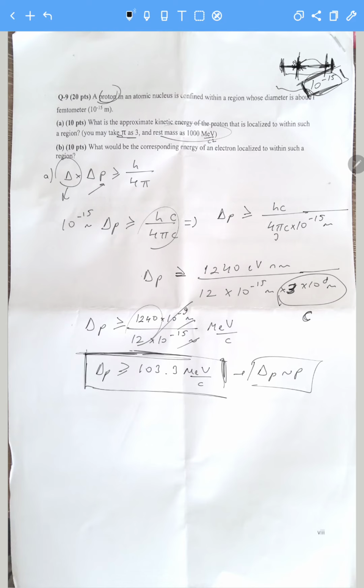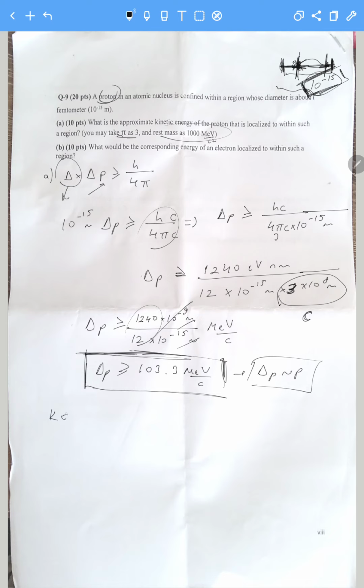Think about it, this is like 100 mega electron volts, and the rest energy we just take as 1000 mega electron volts. This is 10 times smaller than its rest energy. So it's small compared to its rest energy, so I just take it to be the momentum.